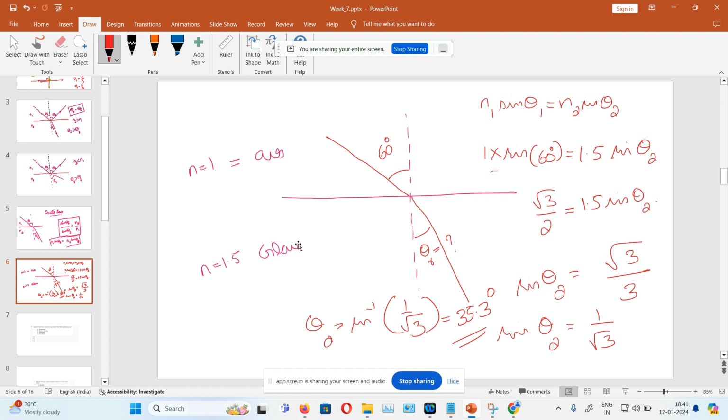So, what is meant by total internal reflection? Total internal reflection happens when light is traveling from a denser medium to a rarer medium. Okay, let's see how it happens.